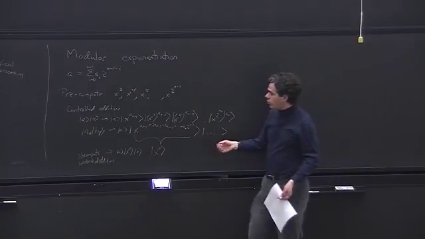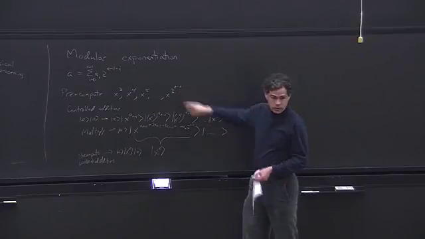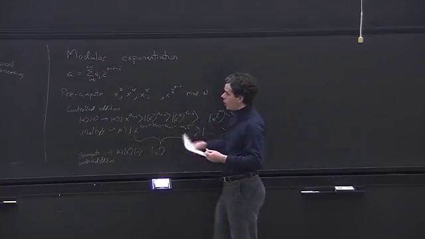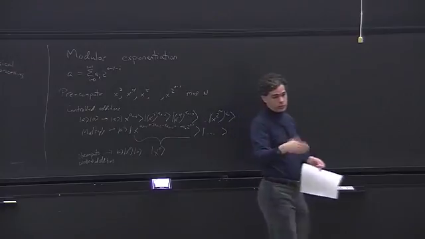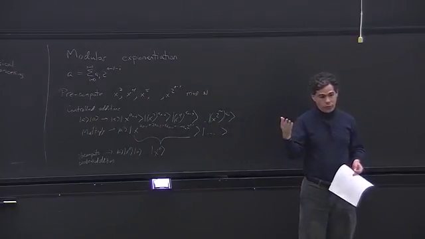Yeah, well, I mean, okay. So actually, it's already happening up here, right? In that, okay, so I'm going to square x. So if x squared is greater than n, I'll just take it mod n, right? And x to the fourth.